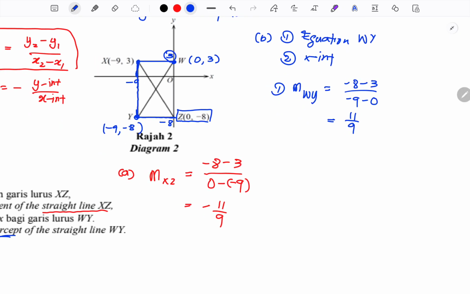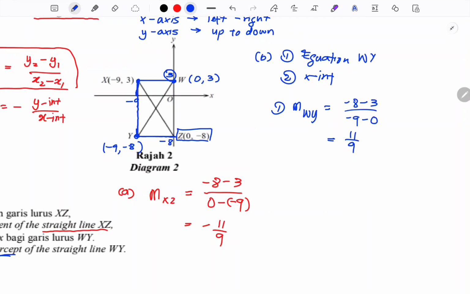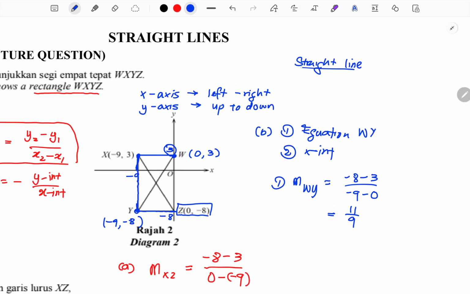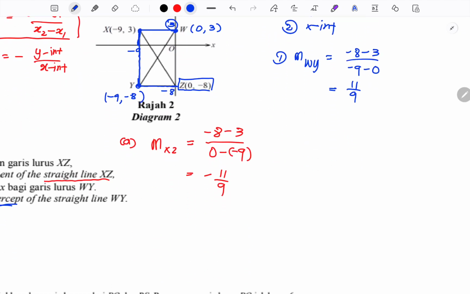So we can find the equation of WY. The general equation for a straight line is always y equals mx plus c. WY is a straight line also, so the formula is y equals mx plus c.